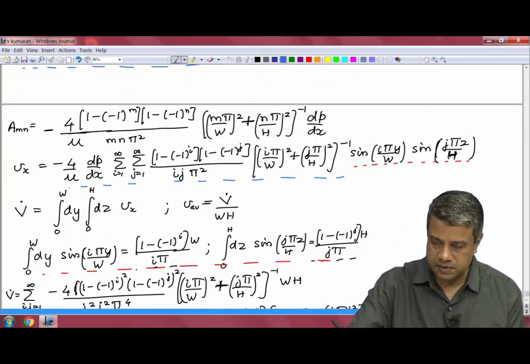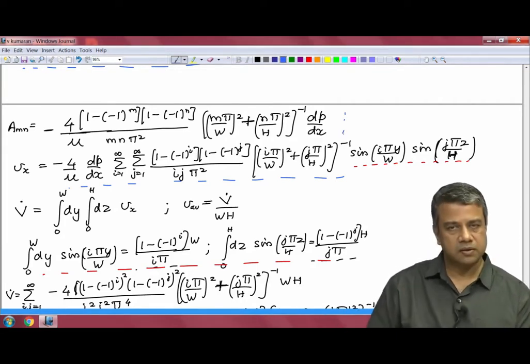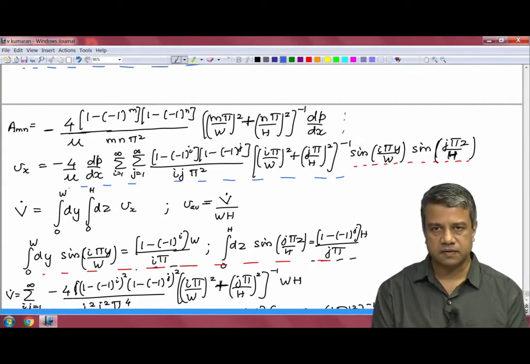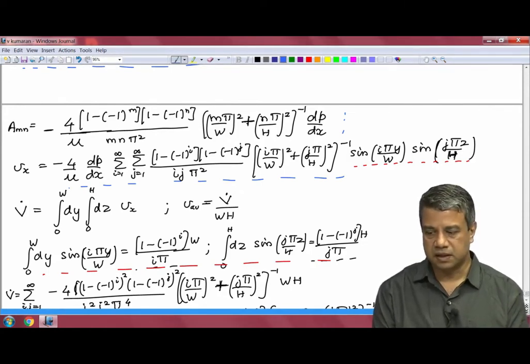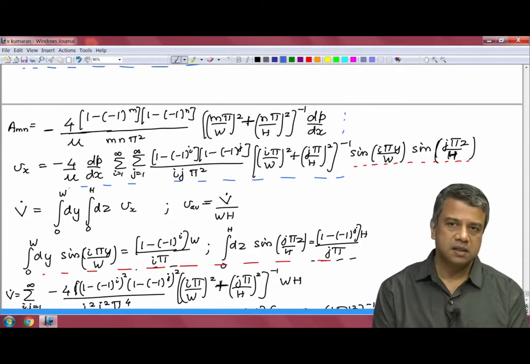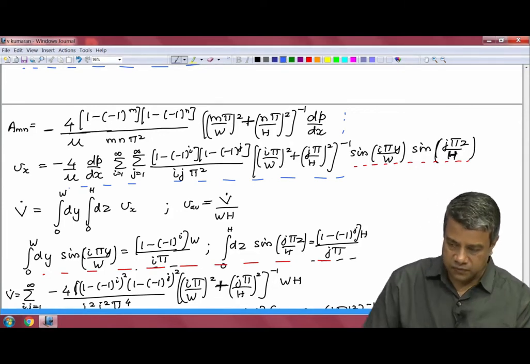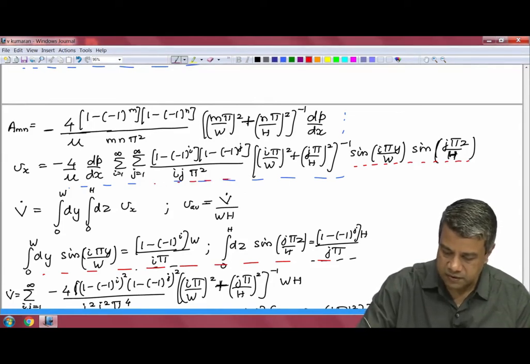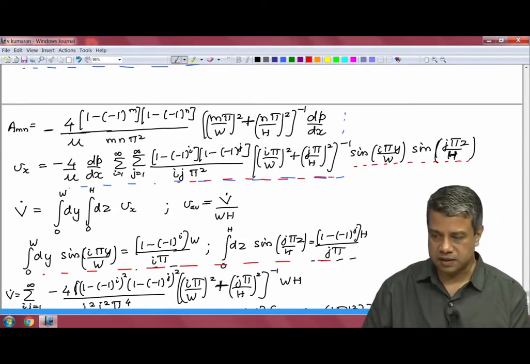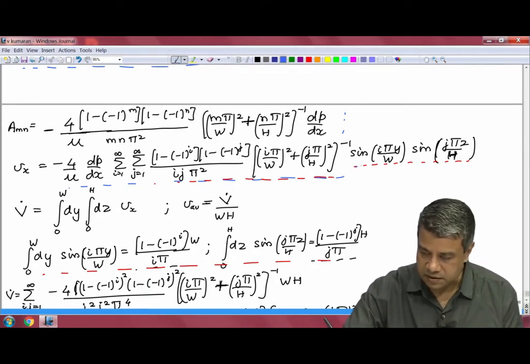So, these were the expressions for the coefficients. We substituted that back into the expression for the velocity, and we got an expression for the velocity field as a function of y and z, the summation of some coefficients which depend upon i and j times these sine functions.